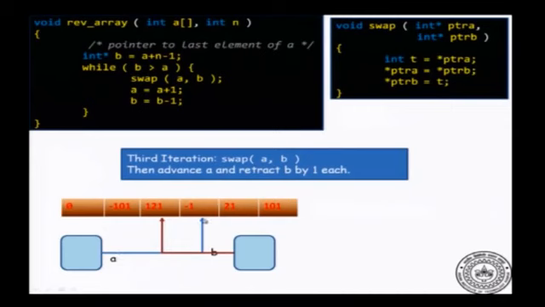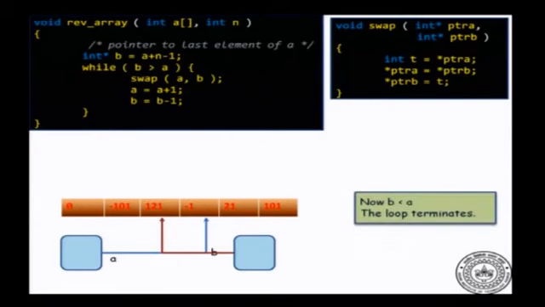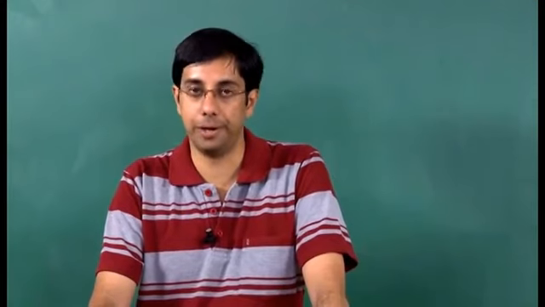When this happens, B is now less than A. Okay. So this means that you have crossed the middle of the array. Therefore you should stop now. So now B is less than A and the loop terminates. And we have seen that this correctly reverses the array.